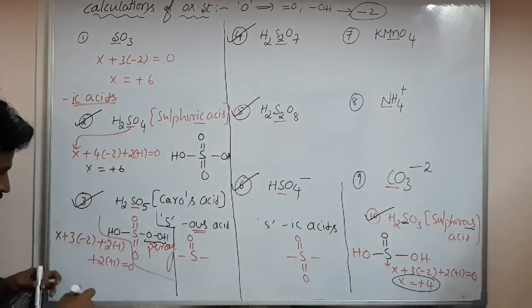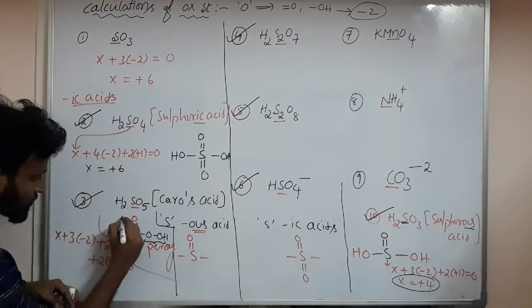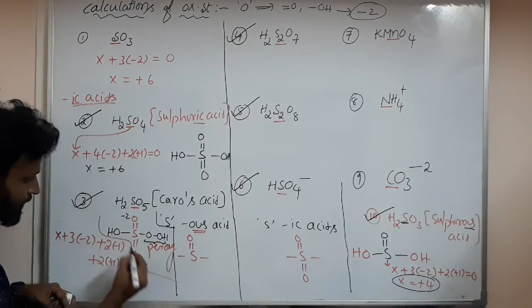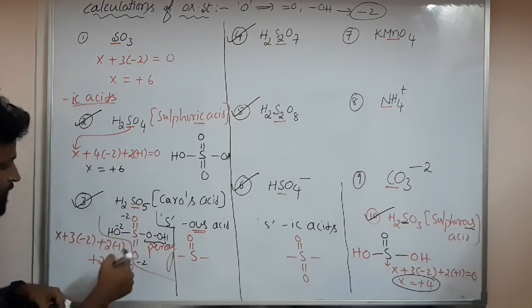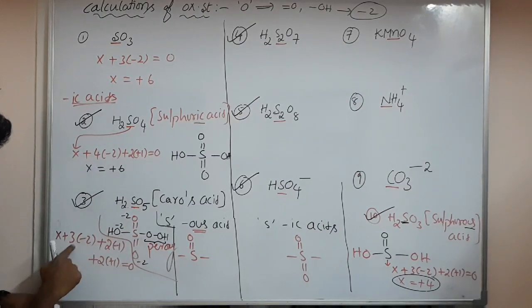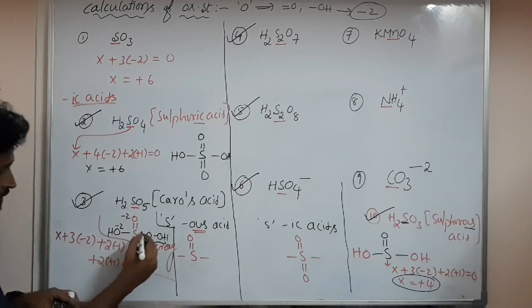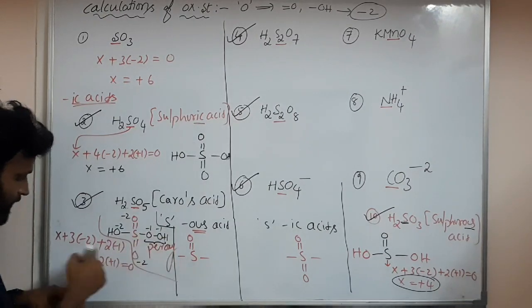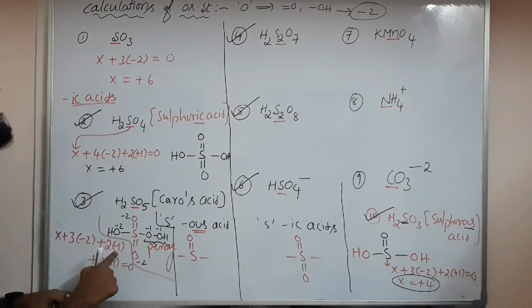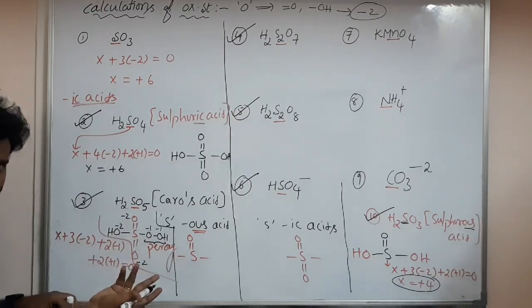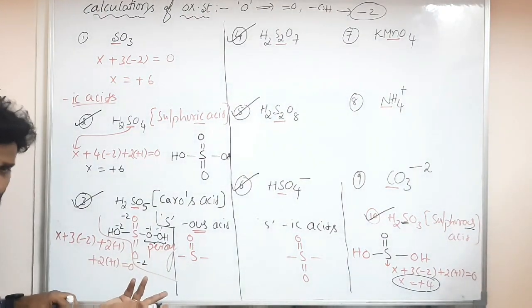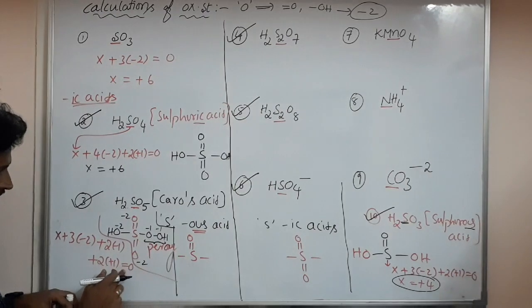So this oxygen -2, I will write oxidation state. This oxygen -2, this oxygen -2, this oxygen -2. So 3 oxygens are -2. So 3 into -2. 2 oxygens, this is -1 and this is -1. So 2 oxygens -1. 2 hydrogen. Hydrogen is always plus 1 with non-metal. I told you already. So 2 into plus 1 equal to 0.